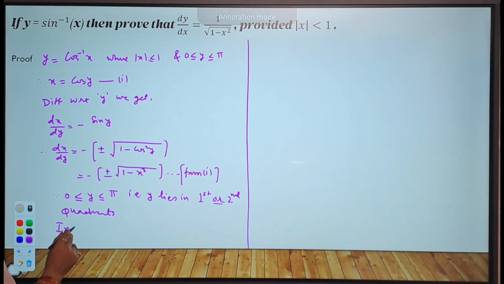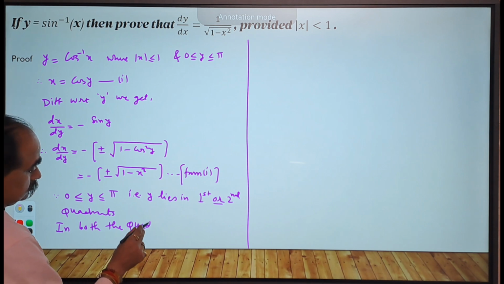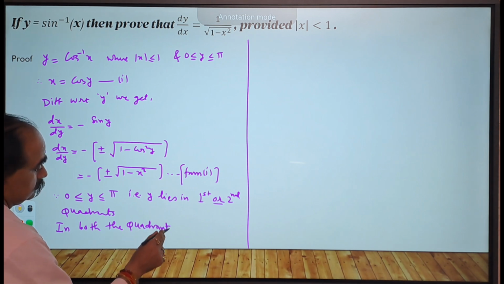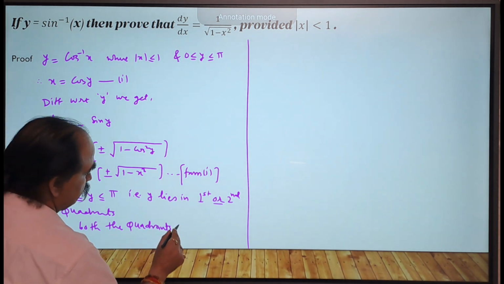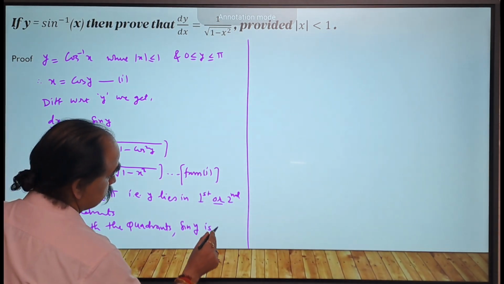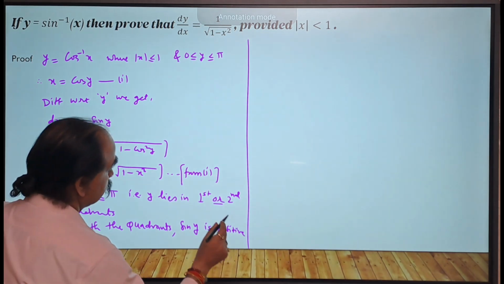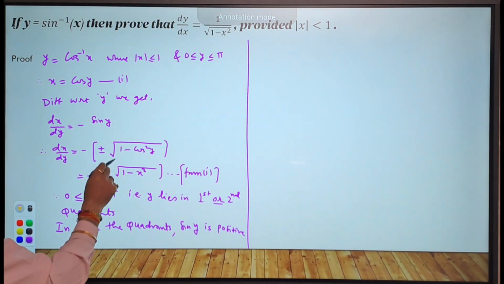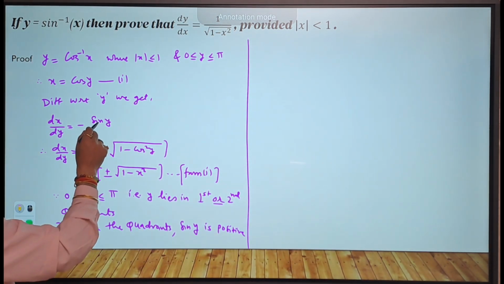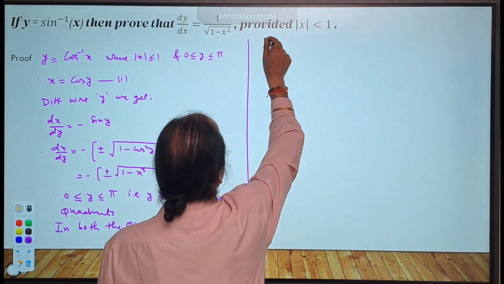In both the quadrants, sin y is positive. This minus is there. This is the value of sin y, and sin y is positive.